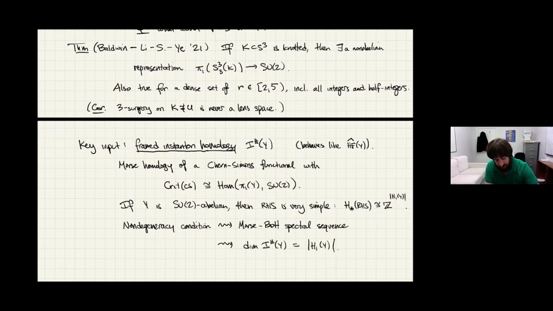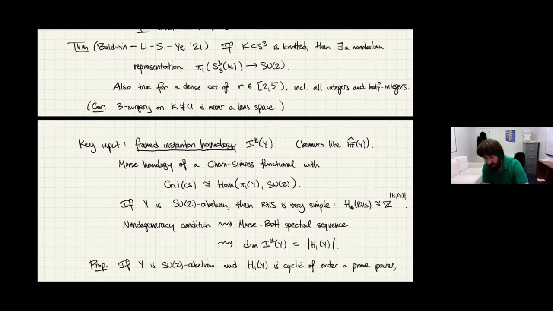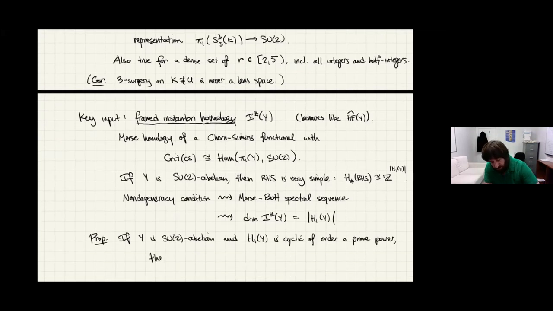Okay, in other words, let me put it this way, just to summarize in a proposition: if Y is SU2 abelian, and if H1 of Y is cyclic of prime power order, which is one way to ensure this non-degeneracy condition, then all of this holds. And so Y is what we call an instanton L space.